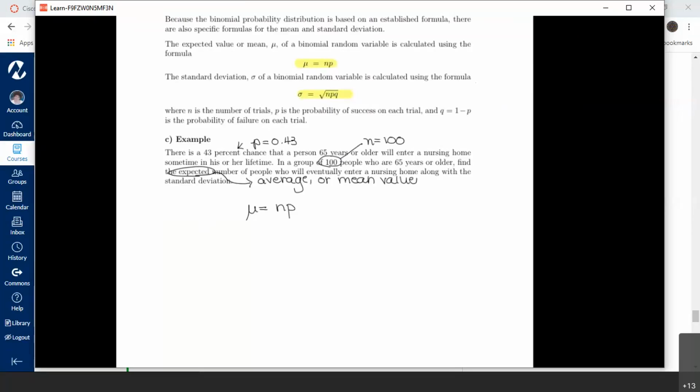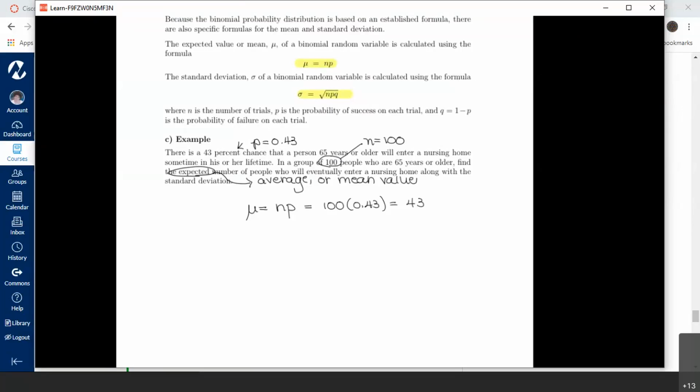Okay. So we have the information from the words in the problem. And all I'm going to do is multiply those two together. So of my group of 100 people, I'd expect about 43 of them to enter a nursing home at some point in their life.